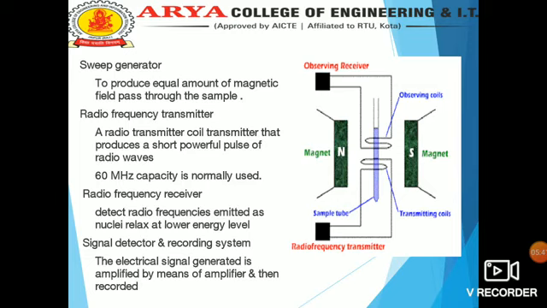Radio frequency transmitter is used to produce a short powerful pulse of radio waves, normally of 60 megahertz. Radio frequency receiver detects the radio frequency emitted as nuclei relax to a lower energy level, and then the signal detector and recording system.